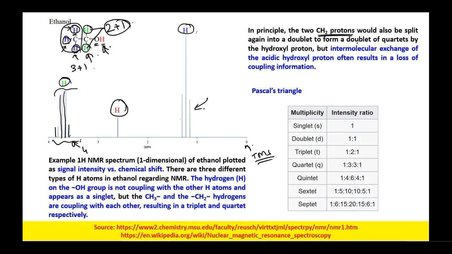So that is called a doublet of quartets. What I told you is that for each blue line for this hydrogen atom, we would have expected another doubling.